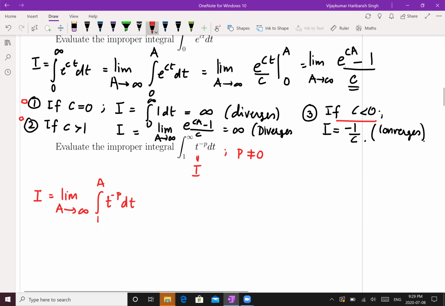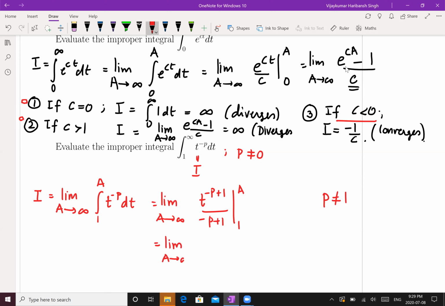Now this integral depends on p, so let's assume the case p is not 1. If p is not 1, this limit becomes the limit as a goes to infinity of t to the power minus p plus 1 divided by minus p plus 1, from 1 to a. This is the limit as a goes to infinity of 1 upon minus p plus 1 times a to the power minus p plus 1, minus 1.